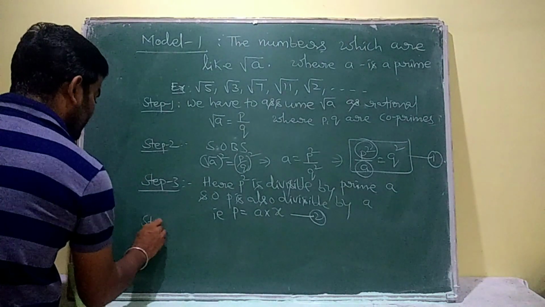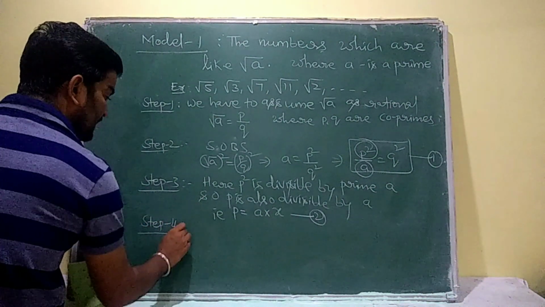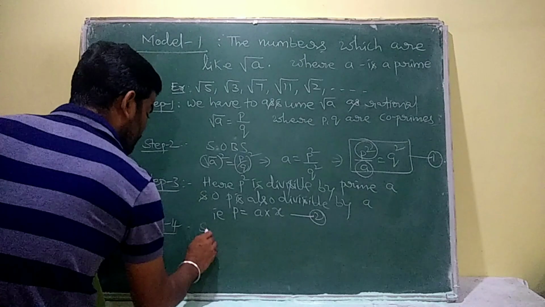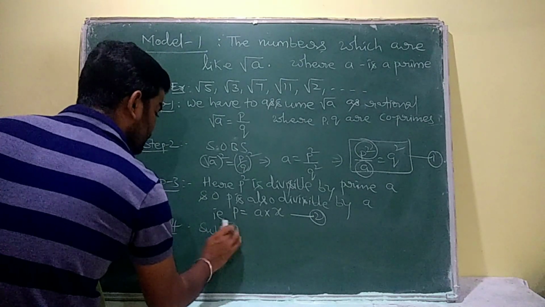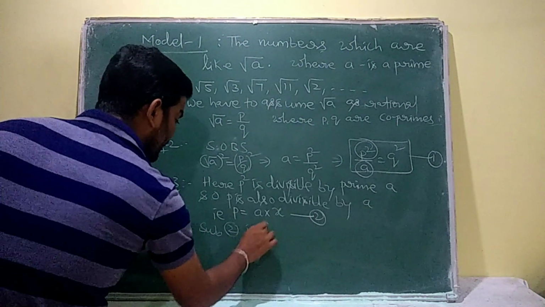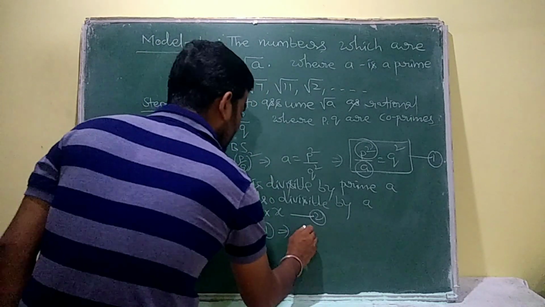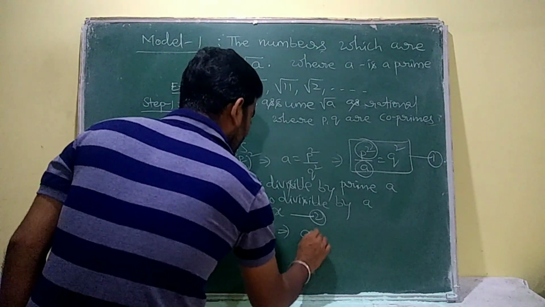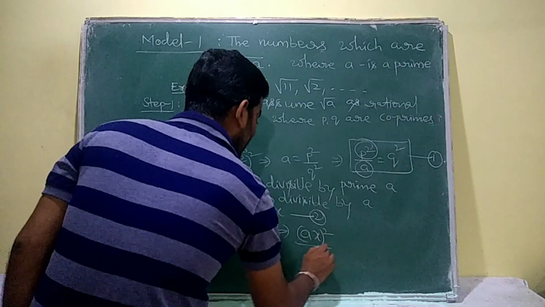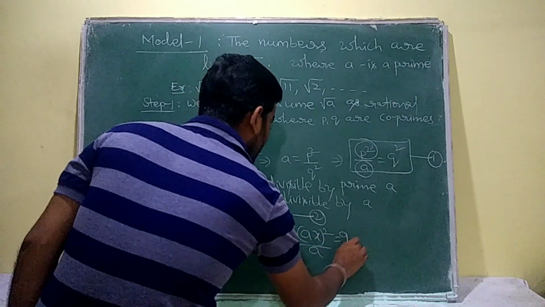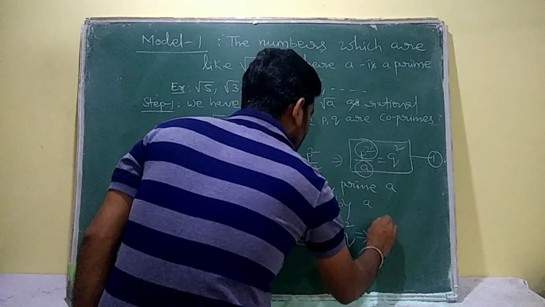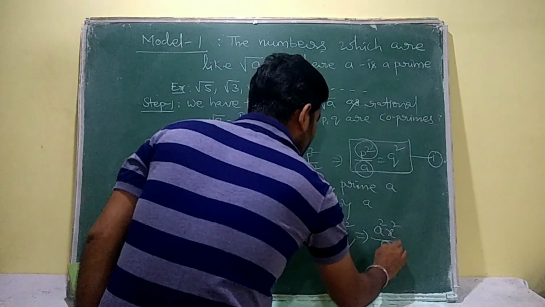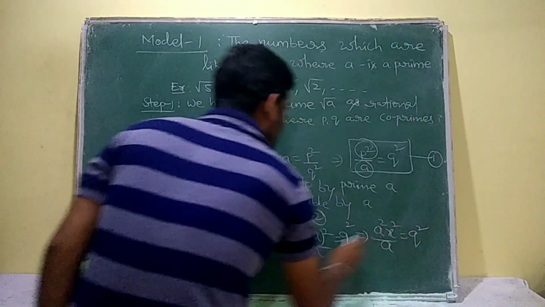Now step 4. In this step 4, substitute 2 in 1. That indicates (AX) whole square by A is equal to Q square. That implies A square X square by A is equal to Q square.